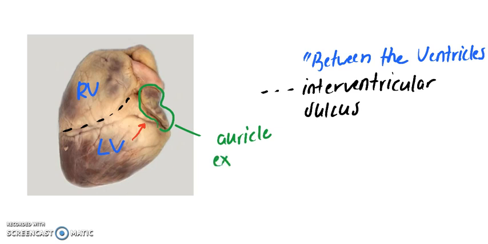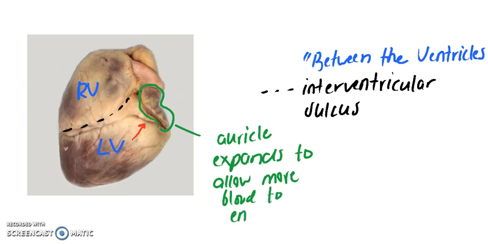And this expands to allow more blood to enter. So if we ever need to pump out more blood, this auricle can function to expand to allow more blood to enter the heart.